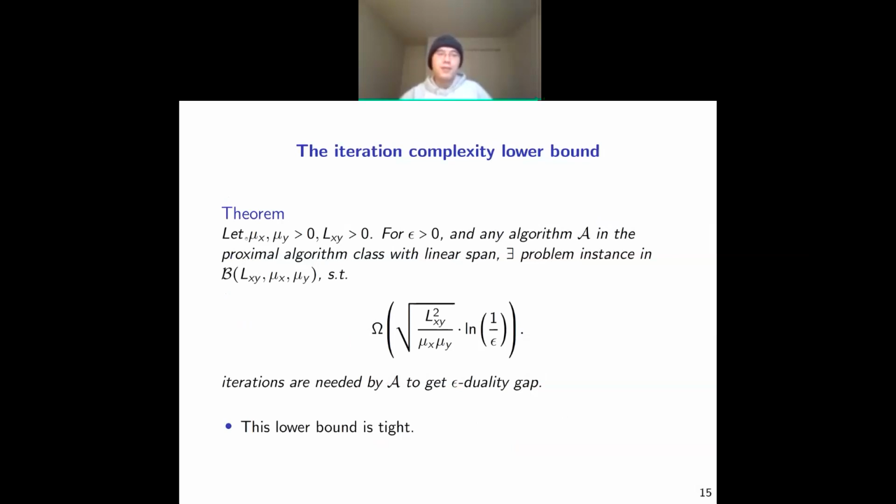That is, for any positive mu x and mu y, and for positive L xy, for any algorithm in this algorithm class, there is a bad problem instance in this problem class such that this number of iterations is needed to get epsilon duality gap. And as we have mentioned, this lower bound is tight. So any questions for this case?